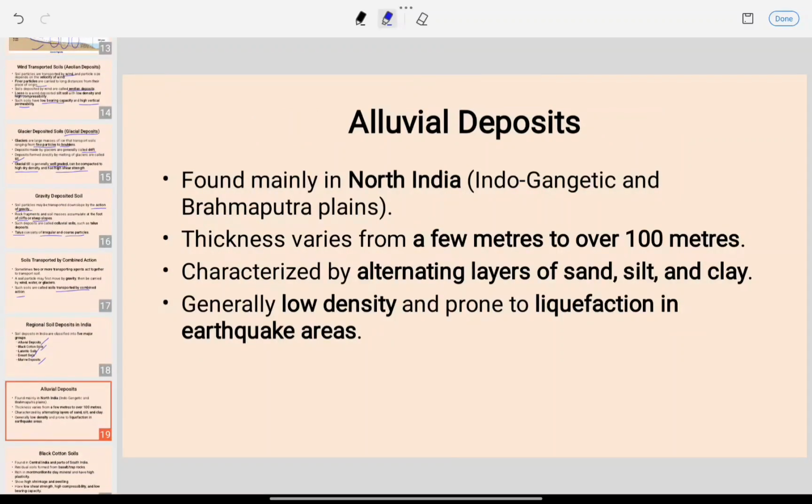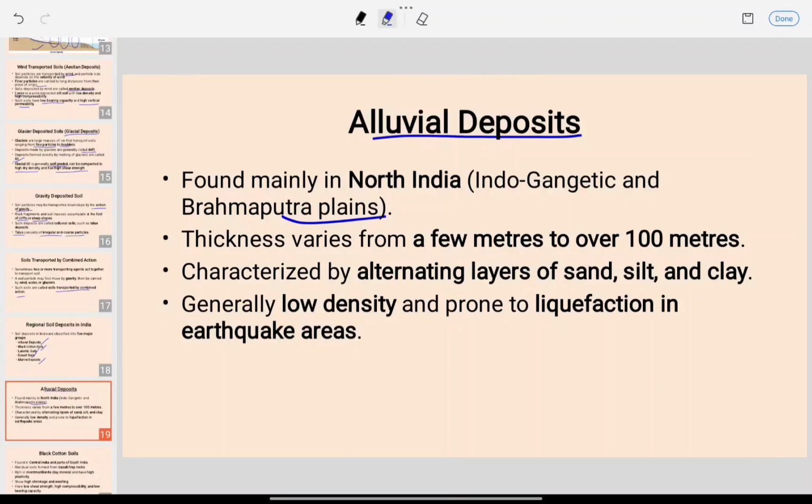Let us now understand the first major soil group in India, which is alluvial deposits. These soils are found, as I have already told, mainly in North India, especially in the Indo-Gangetic-Brahmaputra plains, mainly plain areas.